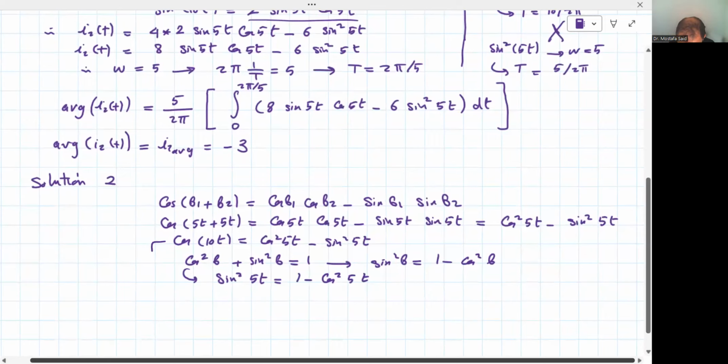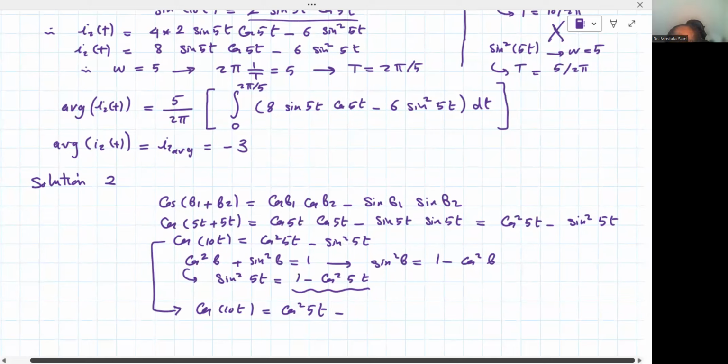Going back to cosine 10t equals cosine square 5t minus, we remove the sine square 5t and put that here, 1 minus cosine square 5t. So minus 1, then minus would be plus cosine square 5t, so that's 2 cosine square 5t minus 1.